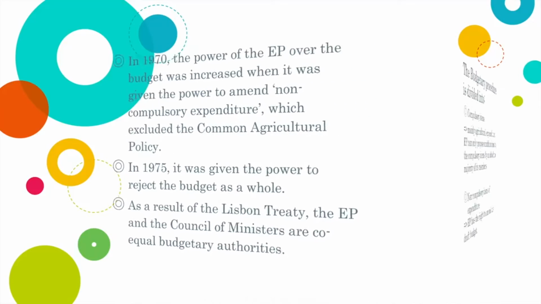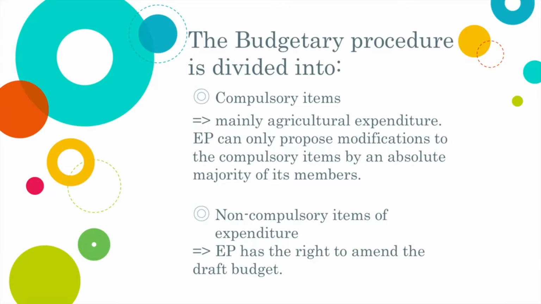To go further, the budgetary procedure is divided into compulsory items, which are mainly agricultural expenditure, where the European Parliament can only propose modifications by an absolute majority of its members, and non-compulsory items of expenditure, where the European Parliament has the right to amend the draft budget.